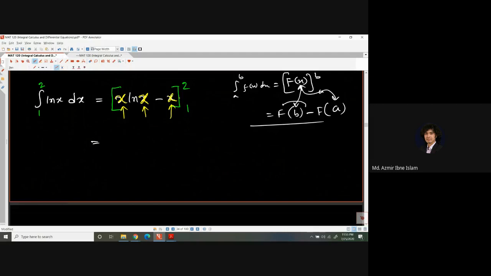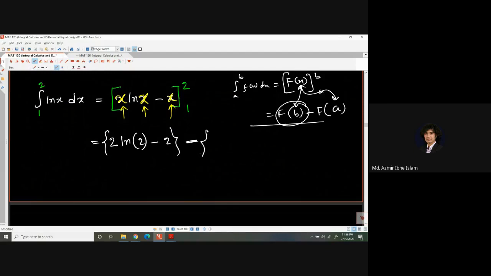First of all, we are going to input the upper limit. The upper limit is 2, so we are inputting 2 here: 2 natural log of 2, negative 2. So the first part is completed. There is a negative sign, and it is coming directly from the fundamental theorem of calculus.